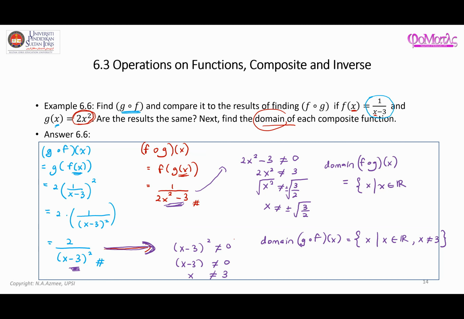You can punch in the value and the function will work just fine. But x cannot be positive or negative square root of 3 over 2. So this is the rule, and if you have this number, the function is going to have a problem executing the output.